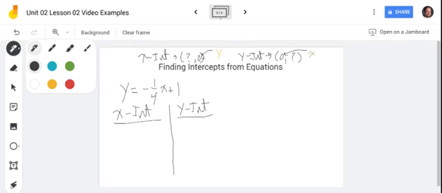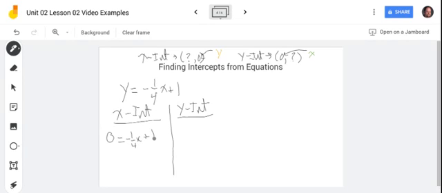When I'm looking for an x-intercept, I need to keep the x. So instead of y, I'm going to put 0 equals -1/4 x plus 1. Now all I have to do is equation solving. Solve for x. So I'm going to subtract 1, equals -1/4 x.